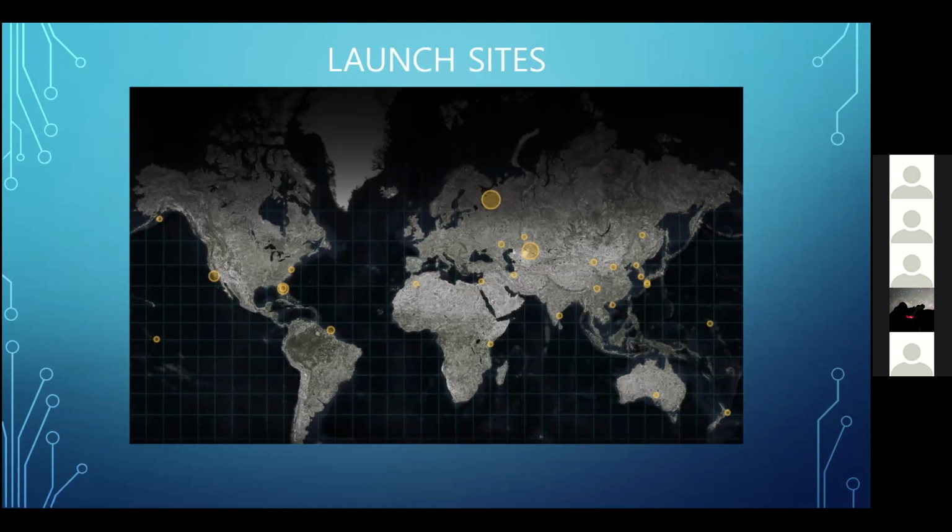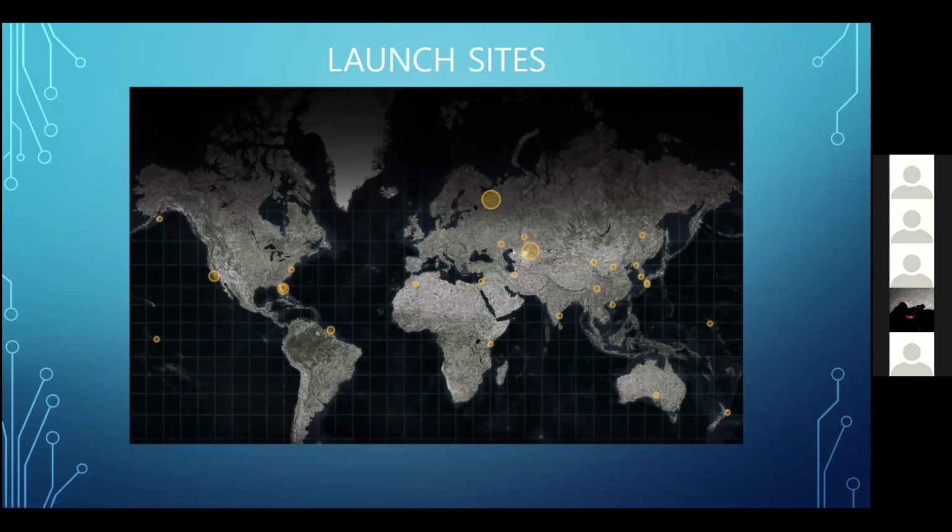We have French Guyana, which is the Ariane rocket launch site, so used by Europe. Then up north in Russia, we have Plesetsk Cosmodrome, and this one is used mainly for those Molniya orbits, the polar orbits, or anything that goes that way.